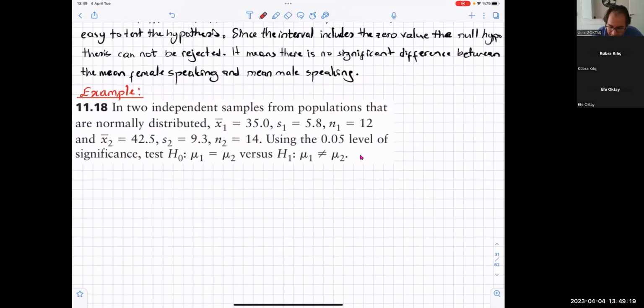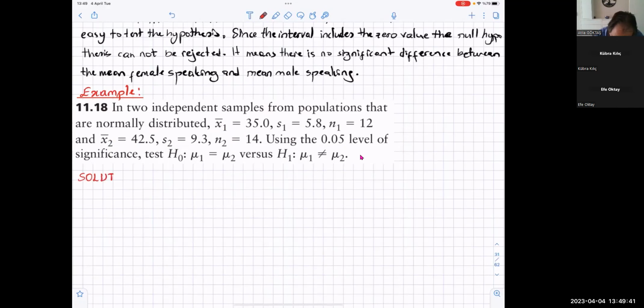Everything is given and it's constructed as double-sided. X1 bar, X2 bar, S1, S2, and n1 and n2 are given also, and the alpha level of significance is also given, 0.05. We can get directly to the solution easily.